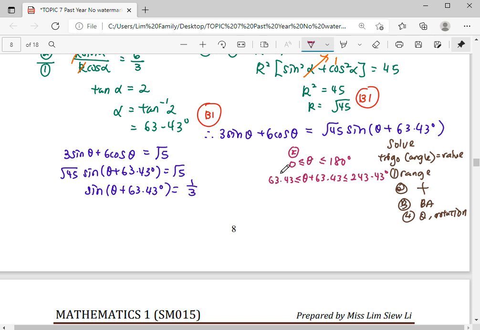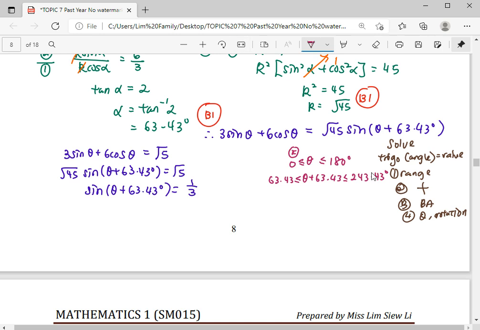So this is the minimum solution we can accept, and this is the maximum solution we can accept. This is the use of the range, so that we can know how far we can rotate. So we will start from quadrant 1, we will not start from 0, we start from angle 63, and we start rotating our answer. We find out our rotation goes until 243, means until quadrant 3 only.